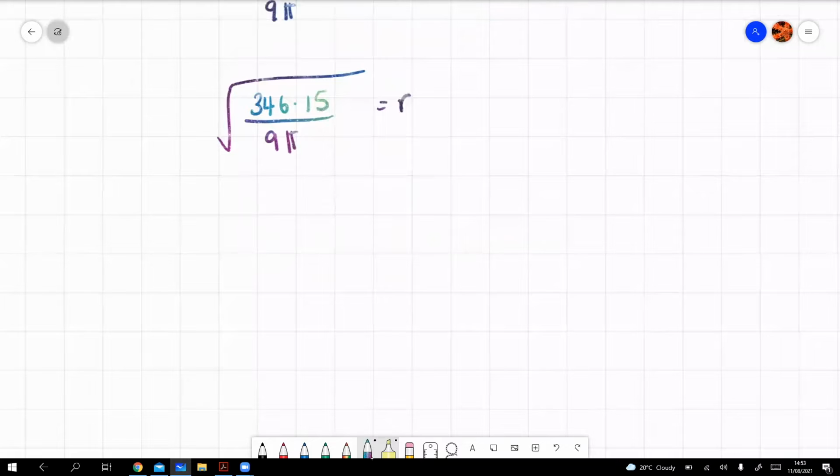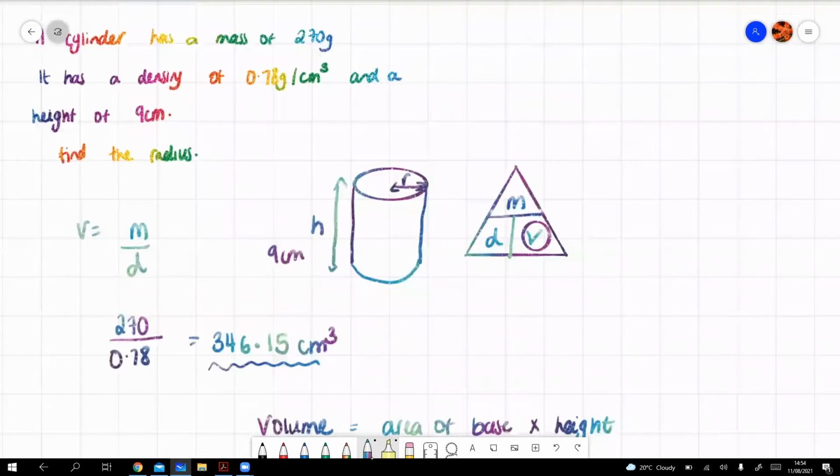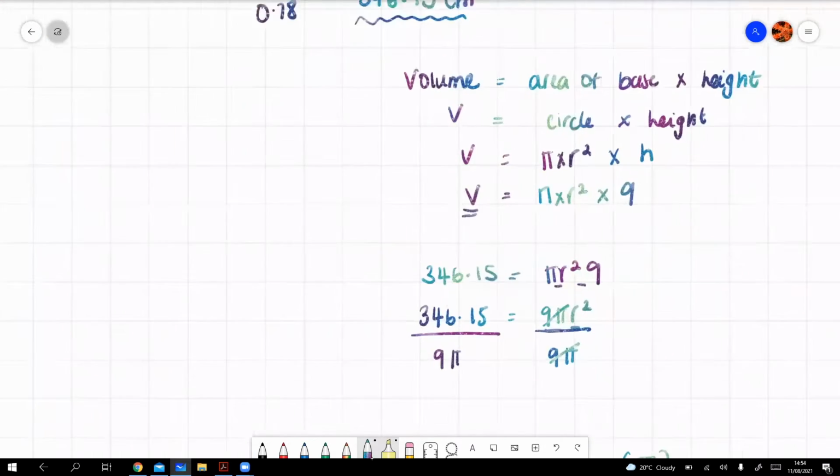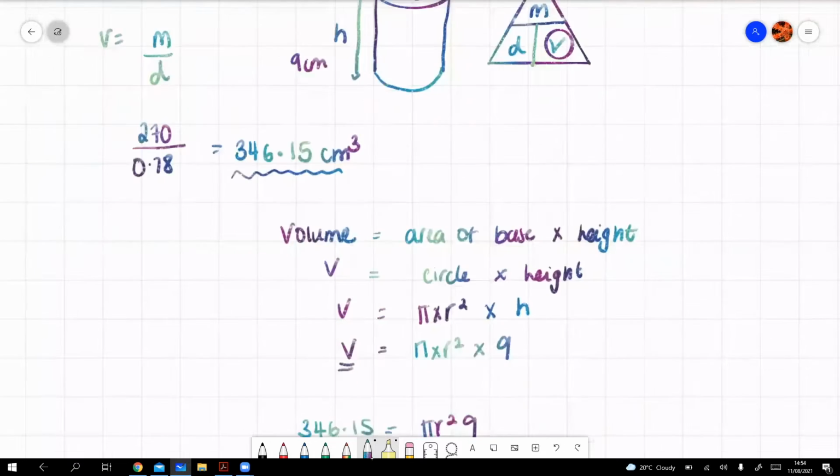So tap that into the calculator. I've got 346.15 divided by 9 pi, and then I've got to square root the answer, and I'm left with 3.498935824. I'm going to round this to one decimal place, 3.5, and the units are centimeters.